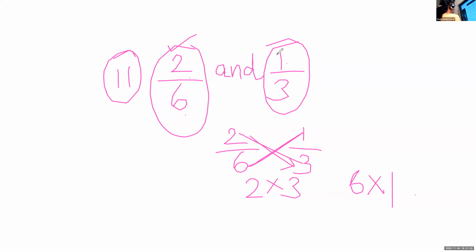So 2 should be in the numerator of the first and 3 should be in the denominator of the second. And the next one is 6 into 1. So 6 should be the denominator of the first and 1 should be the numerator of the second. So what is the answer of question 11, ma'am? That is written on the board. One minute. If you want, I will write again. 2 by 6 and 1 by 3. This is the answer.